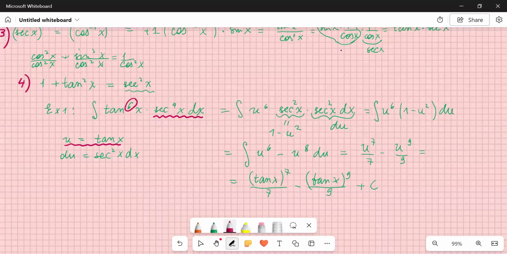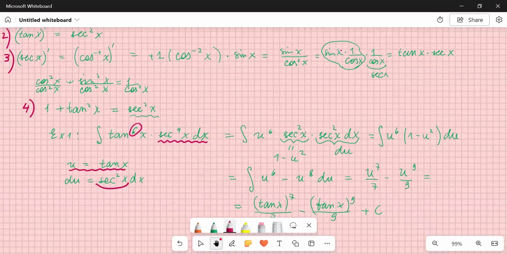Your power here must be an even power because you are going to take 2 secants for the derivative to make du, and the leftover secants, if you want to convert them into tangent, are supposed to be a square or fourth power or any other even power, because we can convert it to tangent without getting a square root, only for even powers of secant. So I'm going to label this. This one's supposed to be even, and this can be anything. Well, I need to remember that's it. Odd or even, doesn't matter. Okay?